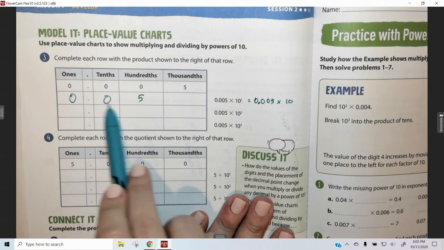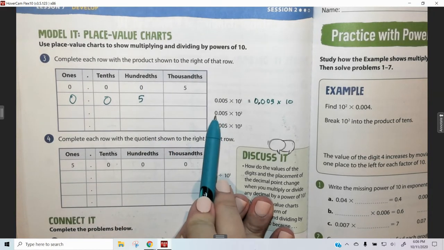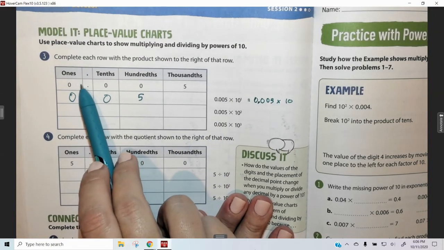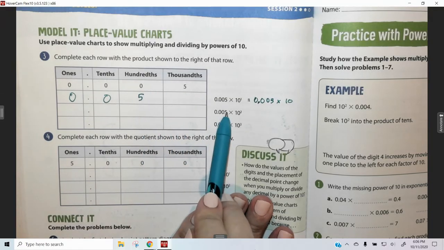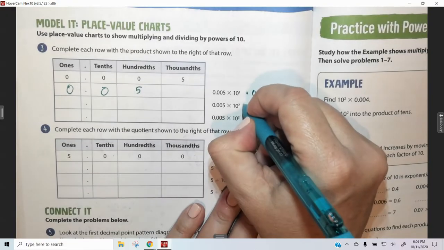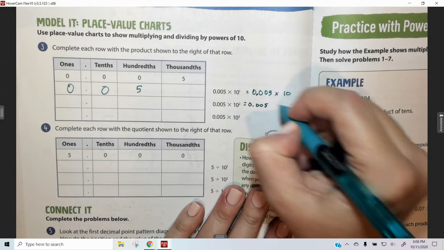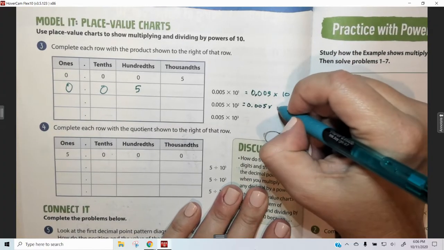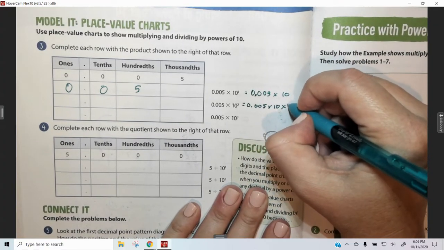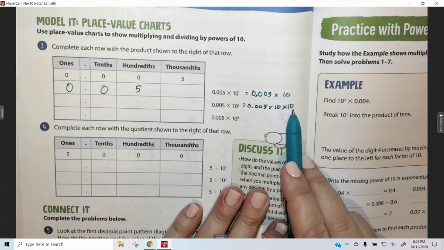So this number here is 5 hundredths. Now we're going to take 5 thousandths. We're still starting with this number here, and we're multiplying it this time times 10 to the second power. That is the same as 5 thousandths times 10 times 10. We're multiplying it by 2 powers of 10.